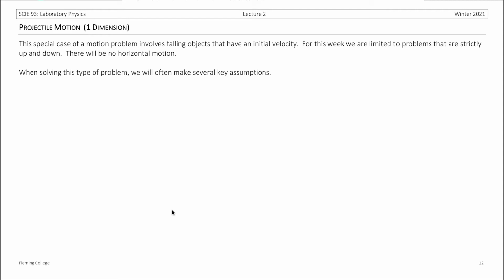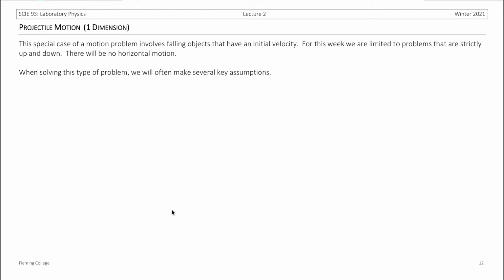There's another special case of motion problems that involve falling objects that were launched with an initial velocity. This type of problem is called projectile motion. For this week, we are only going to look at problems where the motion is strictly up and down, so there'll be no horizontal projectile motions. We leave that for 2D motion next week.